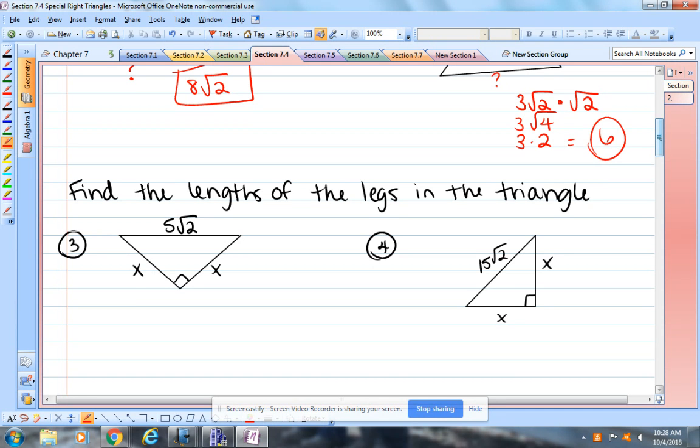We don't know what they are, but I know the hypotenuse is 5 radical 2 because it's across from the 90-degree angle. So to get just the leg, I'm going to divide 5 radical 2 by radical 2. Well, what's anything divided by itself? 1, right? So radical 2 over radical 2 cancels out, and the answer is just 5.